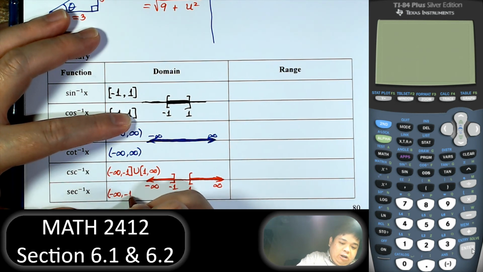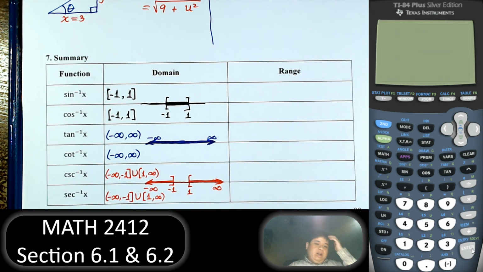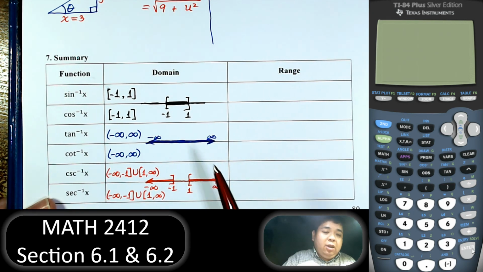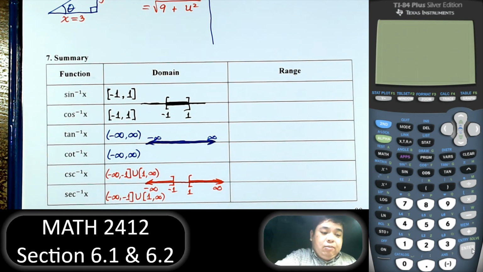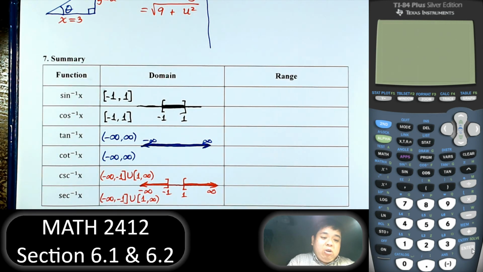So pretty much everything except between -1 and 1. So it's outside of -1 and 1. The whole line, and between -1 and 1. So those are the domain and range of those 6 inverse trigonometric functions.